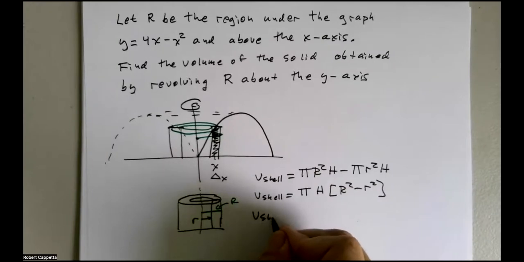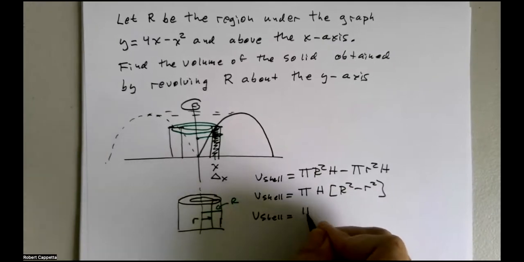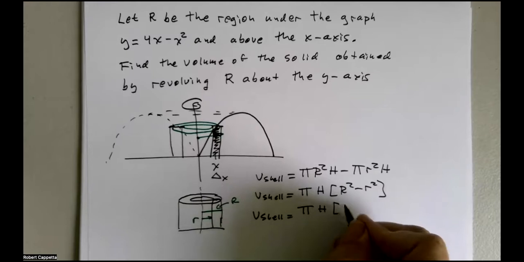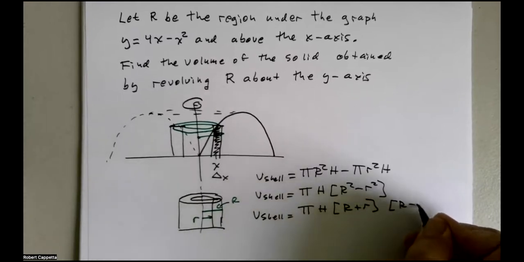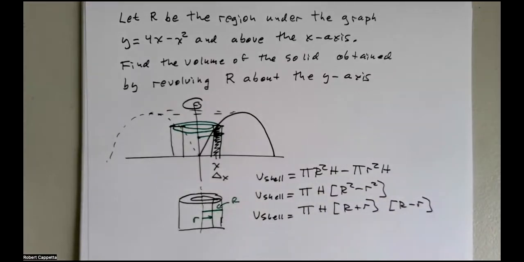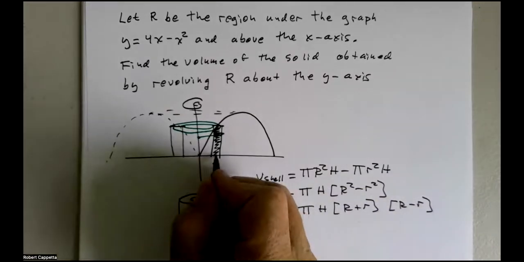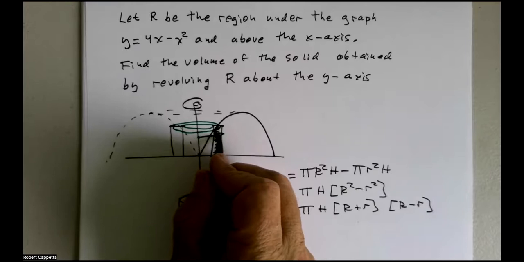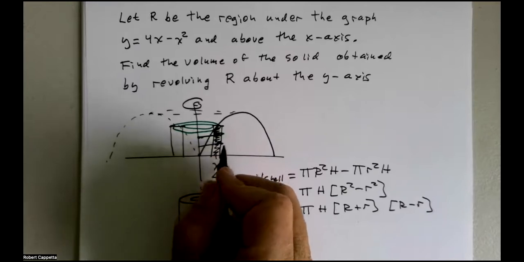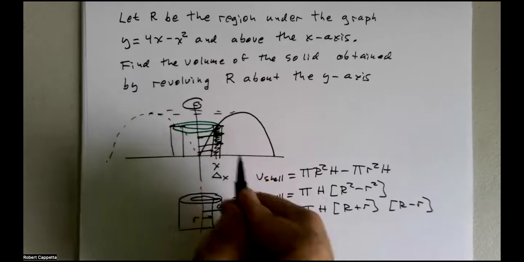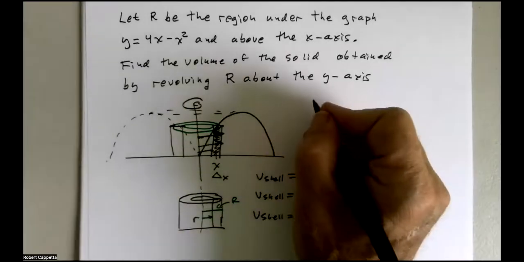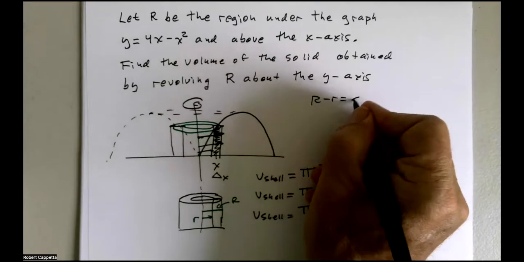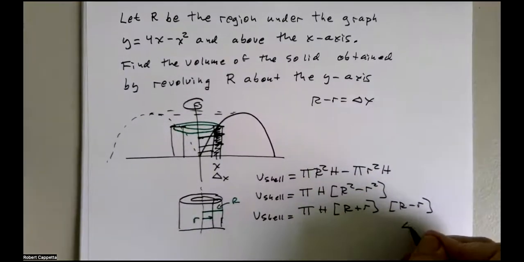Volume of the shell is pi h times big R plus little r, and big R minus little r. Now, we already noticed here, big R is from there to there. That's big R. Little r is from there to there. So we can see that big R minus little r is that thickness. Big R minus little r is simply going to be the change in x. So we have that, which is nice.